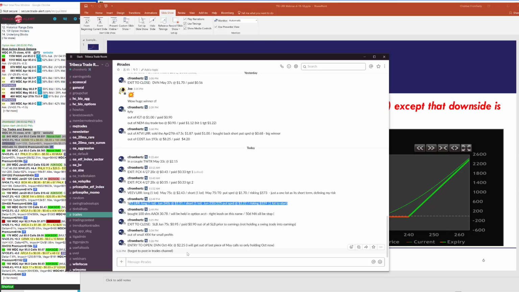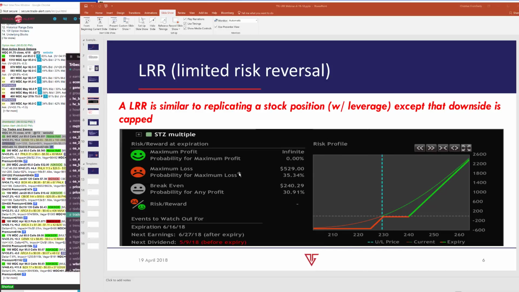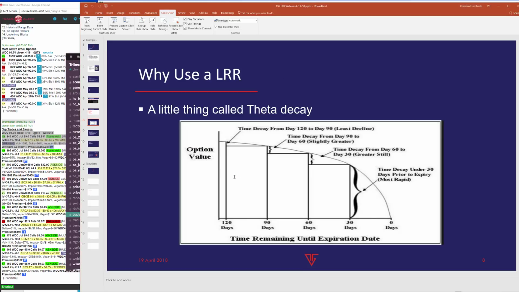So it depends. Just as we were talking about, I've got a slide over here. There's a little thing called theta decay.